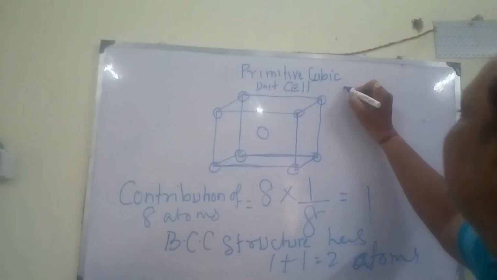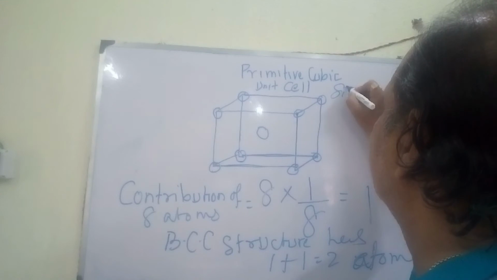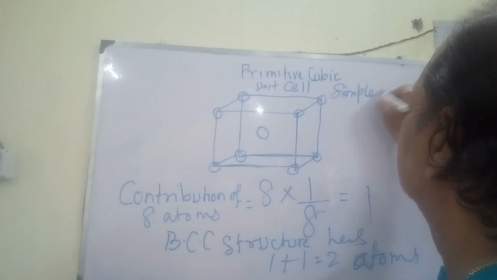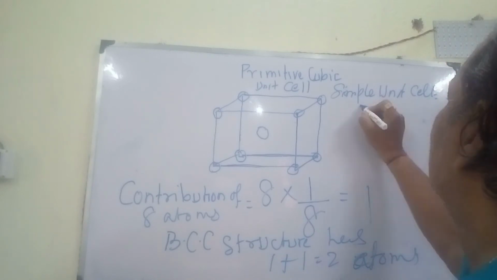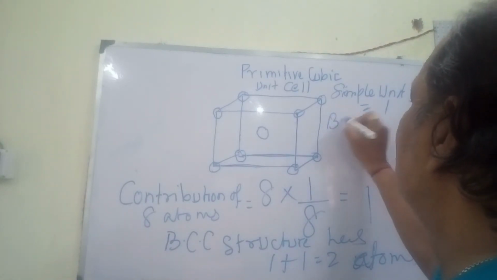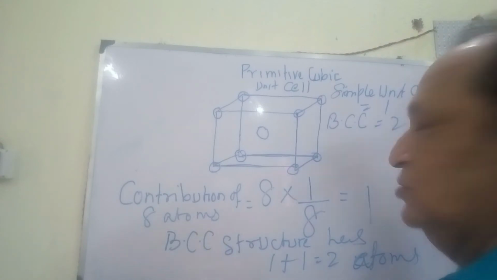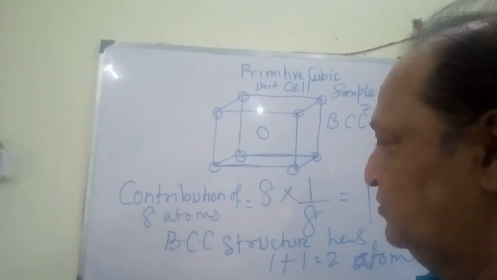So, primitive simple unit cell is equal to 1, body centered cubic unit cell is equal to 2. Let us see face centered cubic unit cell.